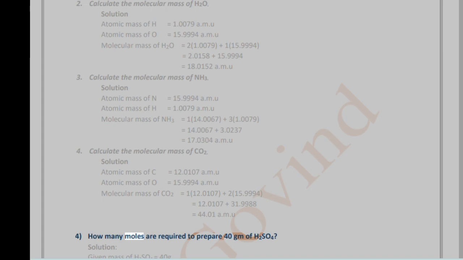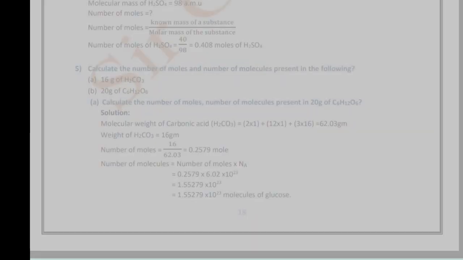How many moles are required to prepare 40 gm of H2SO4? Solution: given mass of H2SO4 equals 40 g, molecular mass of H2SO4 equals 98 a.m.u. Number of moles equals known mass of a substance divided by molar mass of the substance. Number of moles of H2SO4 equals 40 divided by 98 equals 0.408 moles of H2SO4.